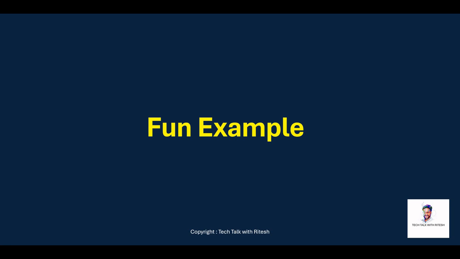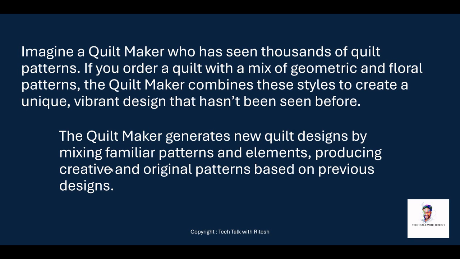Now let's understand with one fun example. Imagine a quilt maker who has seen thousands of quilt patterns, check boxes, the squares, the rounds, etc. If you order a quilt with a mix of geometric and floral patterns, the quilt maker combines these styles to create a unique, vibrant design that has not been seen before.